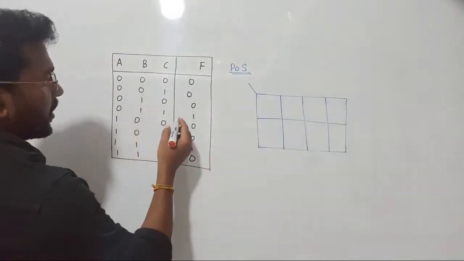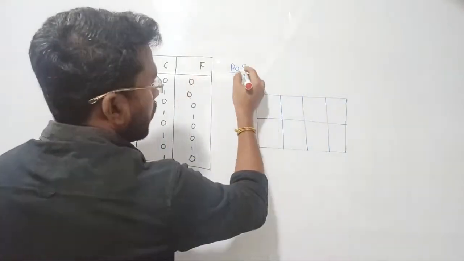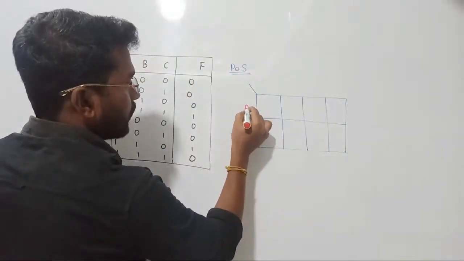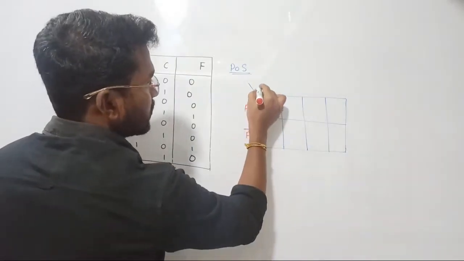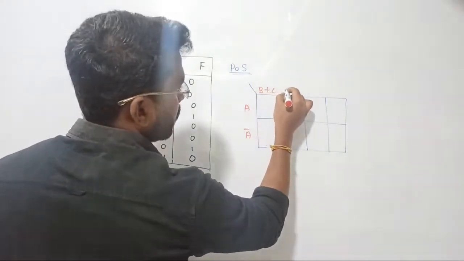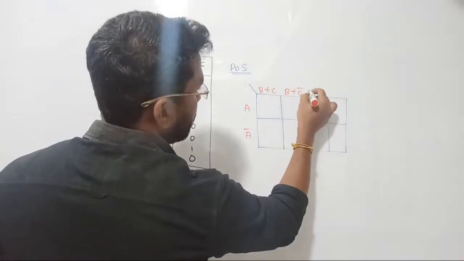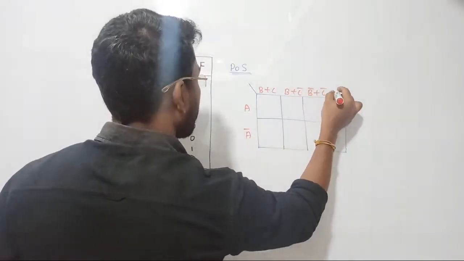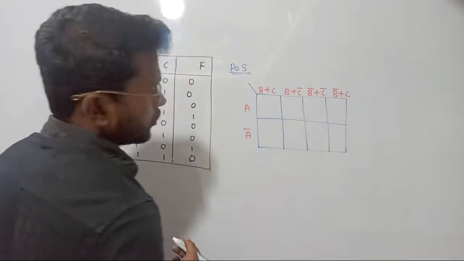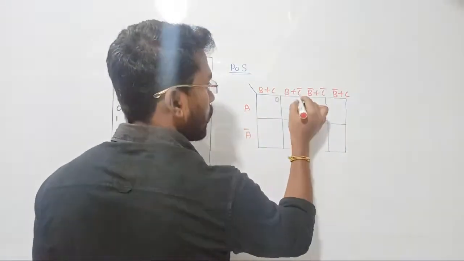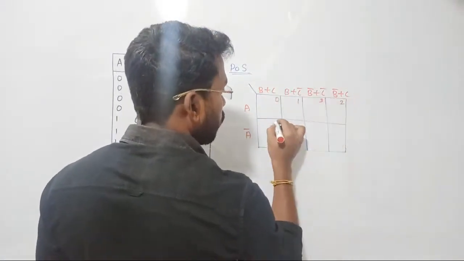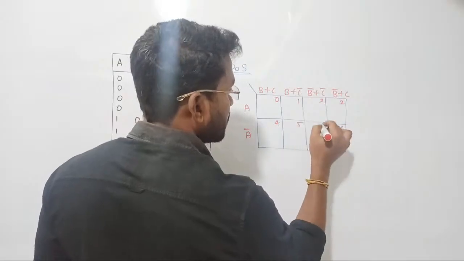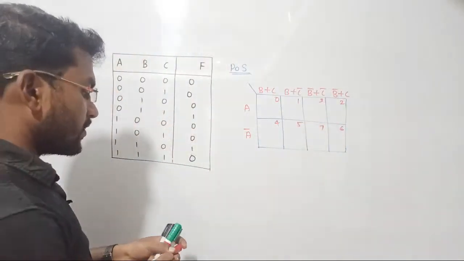It is POS only, so we have to consider zeros. First, let me register the variables. This is going to be B plus C, this is B plus C bar, this is B bar plus C bar, and this is B bar plus C, and we know the cell values 0, 1, 2, 3, 4, 5, 6, 7.